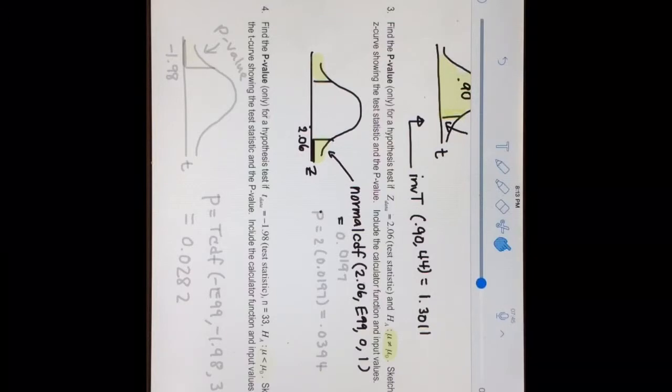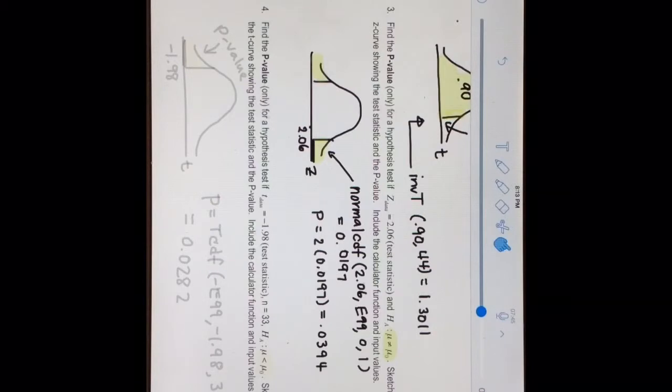The value of this expression here is 0.0197, and the p-value is 2 times this value. Therefore, the p-value is 0.0394.